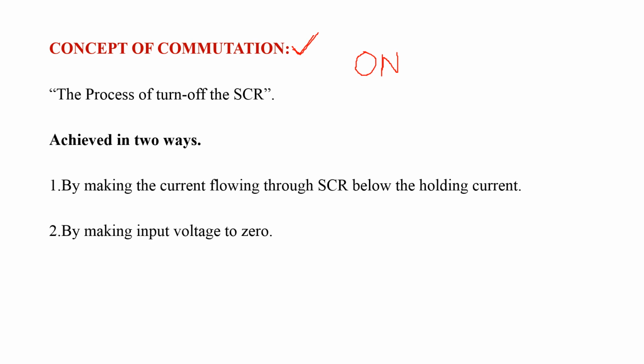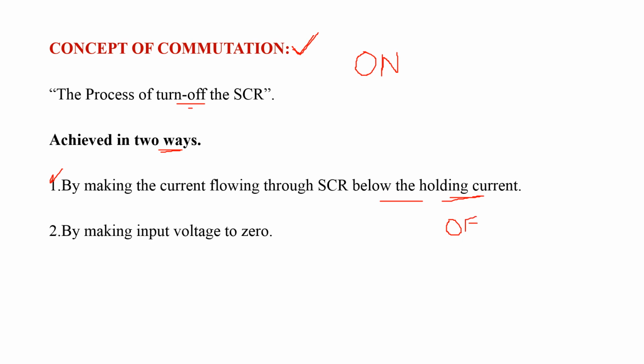Coming to commutation, the process of turning off the SCR is nothing but commutation, and the turning off of SCR can be achieved in two ways. The first one is by making the current flowing through SCR below the holding current. Here the holding current is nothing but the minimum current required to keep the SCR on.